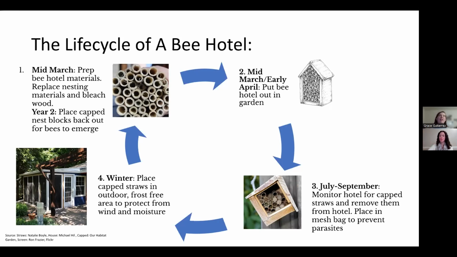But if you have bees laying eggs in your bee hotel, you have bees around your garden. So I wouldn't be scared that you're not going to have any bees for a whole year. If they're laying eggs, the adults are around.